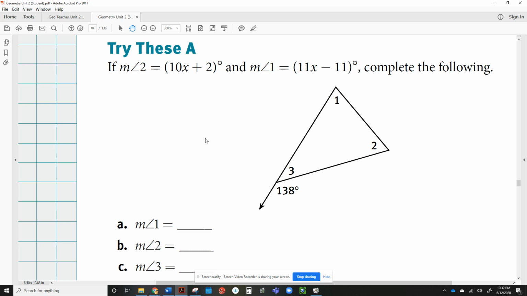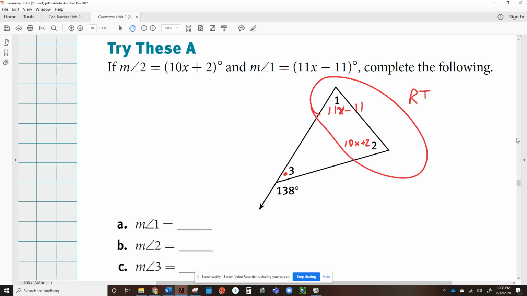The measure of angle 2 is 10x plus 2. And the measure of angle 1 is 11x minus 11. And they give us the exterior angle, the adjacent interior angle.